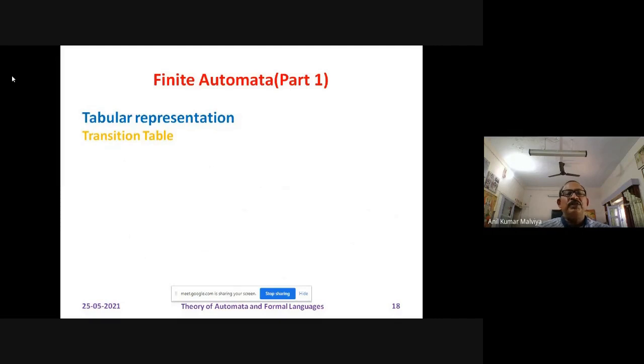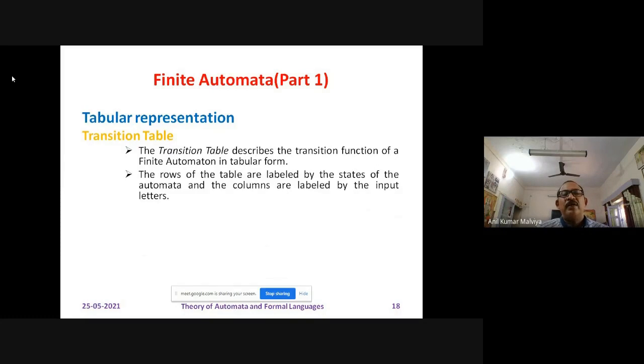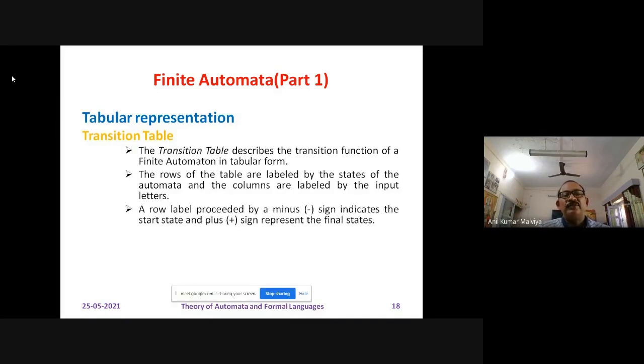Next is the tabular representation. This tabular representation is called a transition table, and this table describes the transition function of a finite automaton in tabular form. The rows of the table are labeled by the states of the automaton and the columns are labeled by the input letters.